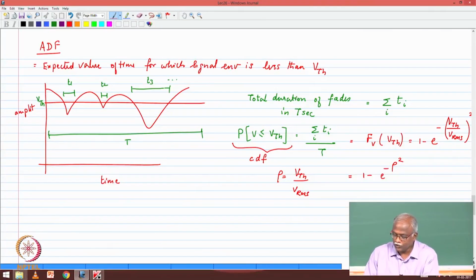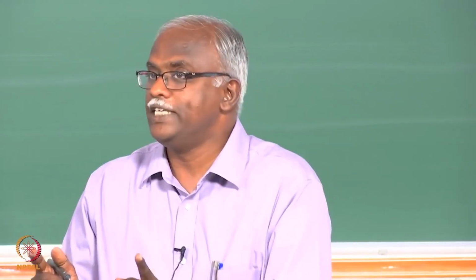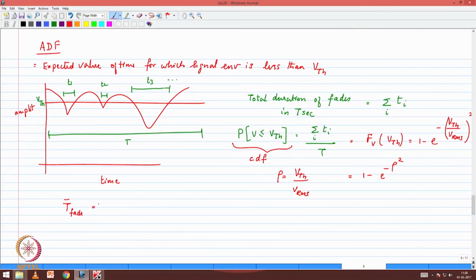Now if I take a 1 second duration, in that 1 second how many fades occurred? I already have the expression for that. So the average duration of a fade says take the total period for which you were in a fade in 1 second, which is given by 1 minus e power minus rho squared, that is a probability, times 1 second, divided by NV threshold, the number of zero crossings that you will expect for that given V threshold for the Doppler channel that you are looking at.